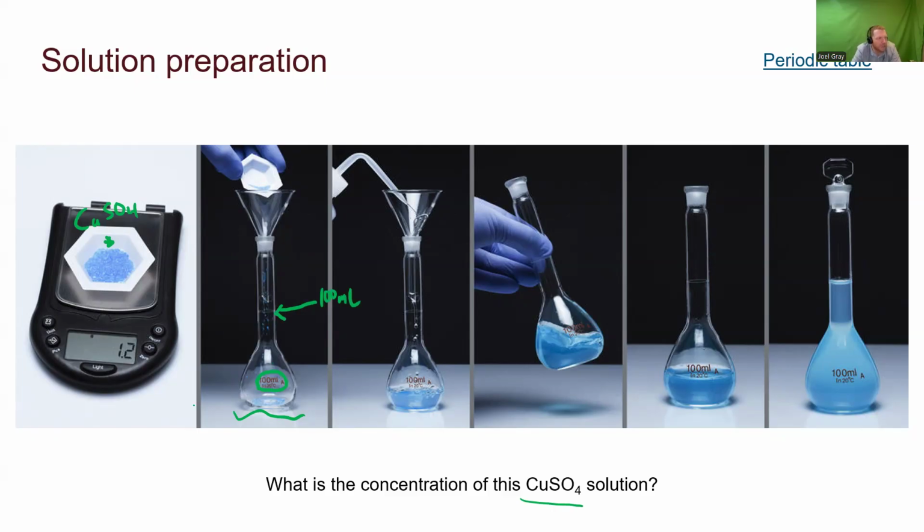So when you're making a solution, what you do is you take the solid, you add it to this flask, and then you're going to add H2O. Now notice this water is added to about the halfway mark. And whenever that water is added to that halfway mark, you swirl, swirl, swirl to get that solid to go into solution.